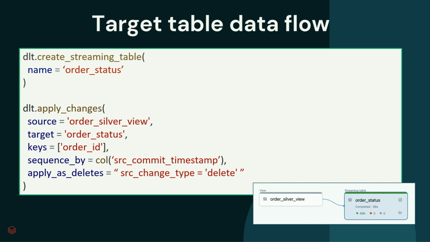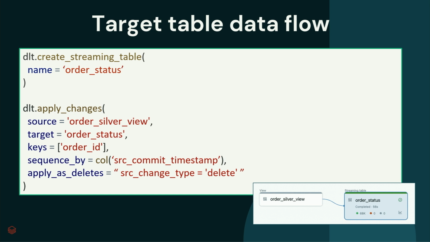It can choose to insert that row into the target table. It can choose to update the corresponding row in the target table. It can optionally decide to delete the row, if you're using the apply as deletes option and the row meets the delete condition. There's actually a 4th option: it can decide to ignore that row and just drop it and not apply an update.